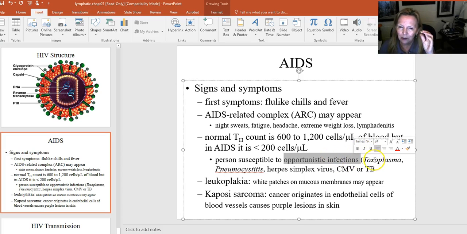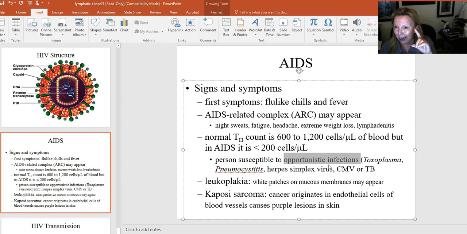By the way, you'll see some of the things that AIDS patients die from: pneumocystis pneumonia, herpes encephalitis, Kaposi sarcoma, tuberculosis, toxoplasmosis. They die from things that you don't see people with strong immune systems dying from or even getting disease from. That's what an opportunistic infection is.